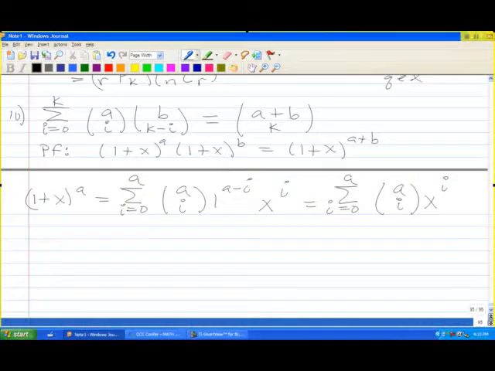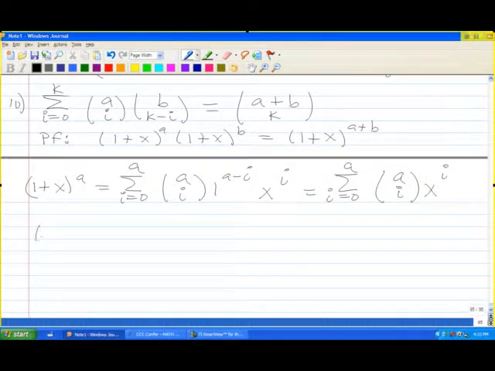Let's do (1 plus x) to the b. That's the sum, j equaling 0 to b, of bCj times 1 to the b minus j times x to the j.